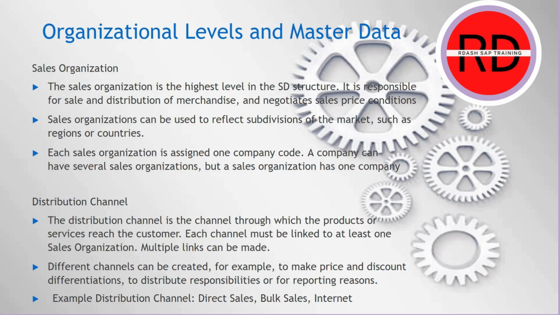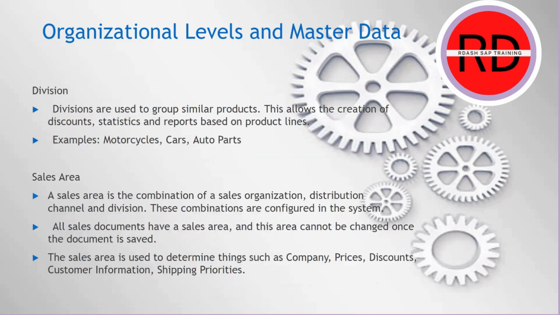It requires discussion with the business side which is implementing SAP, so they can decide how many distribution channels they need. It can be direct sales, it can be bulk sale, it can be online sale through the internet. Then comes division.